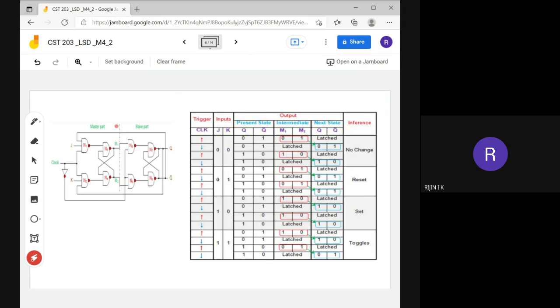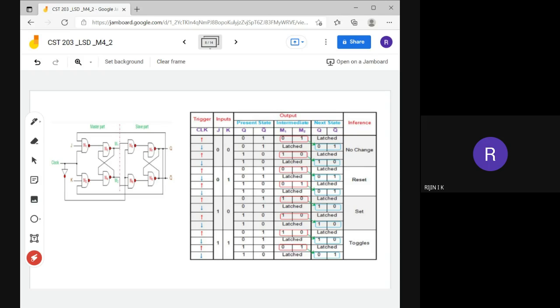Then there is an intermediate state, as I have explained, that is the output of the master flip flop, M1 M2, and this is the next state. Now we can see how it will be working. Working is similar to the JK flip flop itself, but here it is two flip flops.